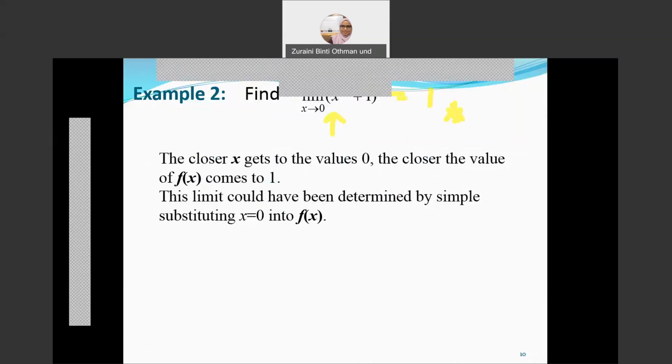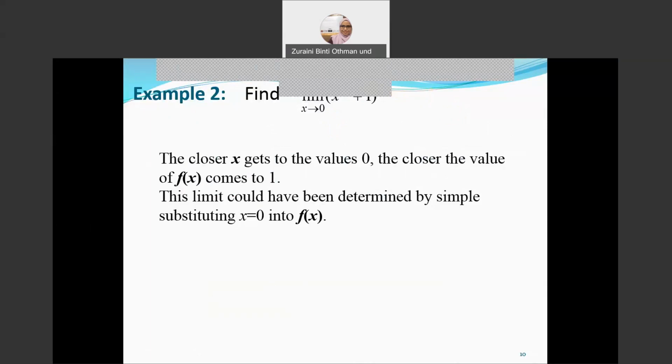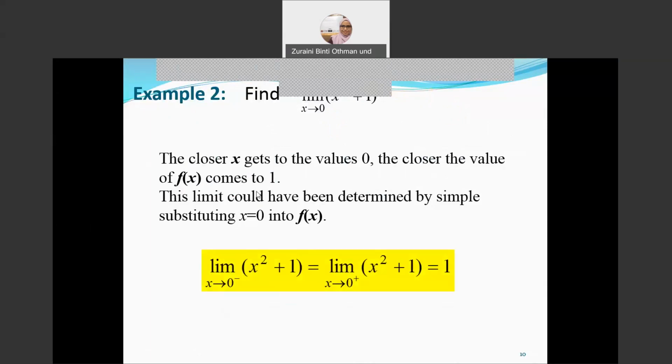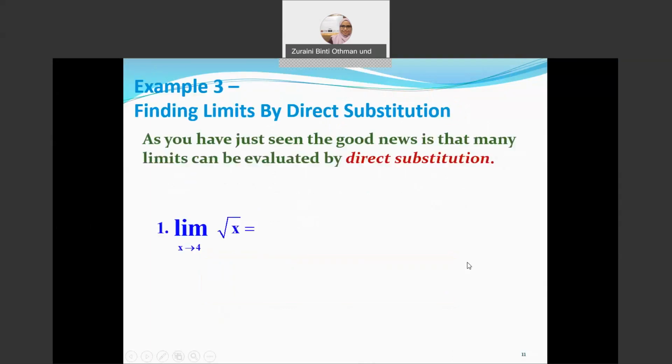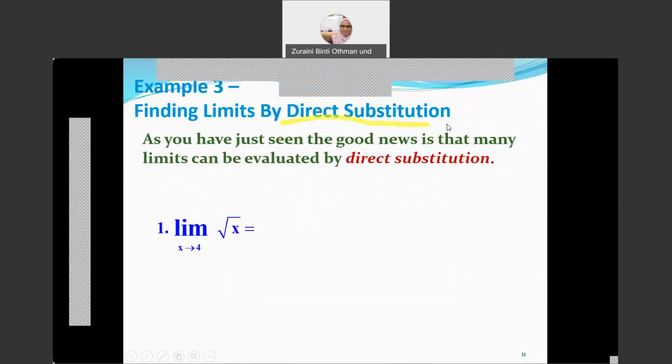So yang kat sini kita just substitute. Okay, so now next. Kita boleh substitute dan kita boleh kata daripada sebelah kiri dan kanan nilai dia ialah 1. So this kind of limit exists. Okay, this is one type of how to find a limit by using direct substitution.